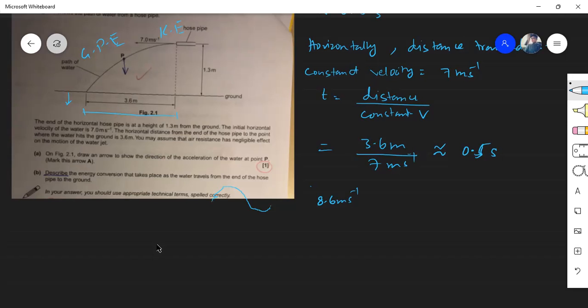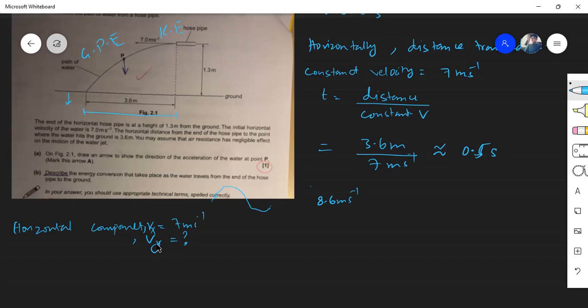We know that the horizontal component is equal to 7 meters per second. Now what's the vertical component? This is Vx, and the vertical is Vy, which we don't know.